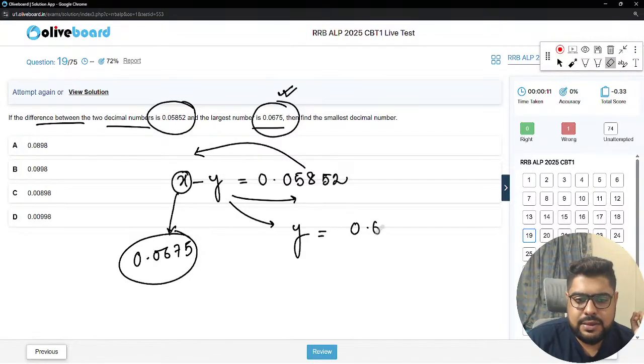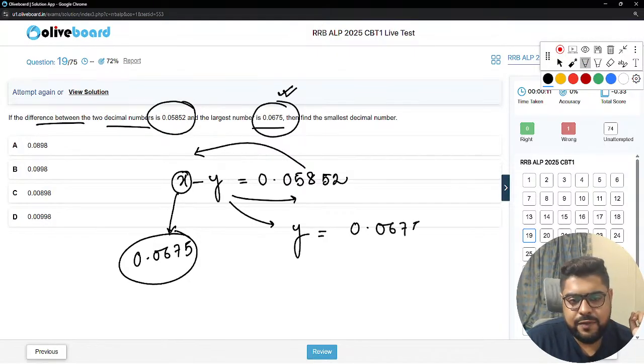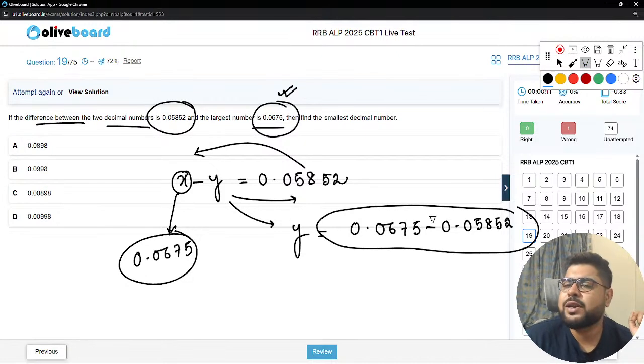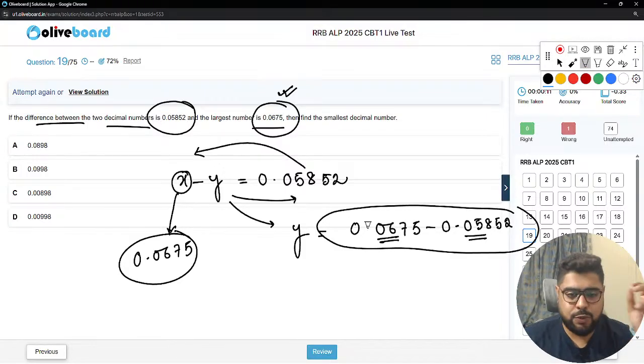So that means this will be 0.0675 minus 0.0585. Now, you don't need to do any calculations. 0.05 minus 0.058, 0.06.